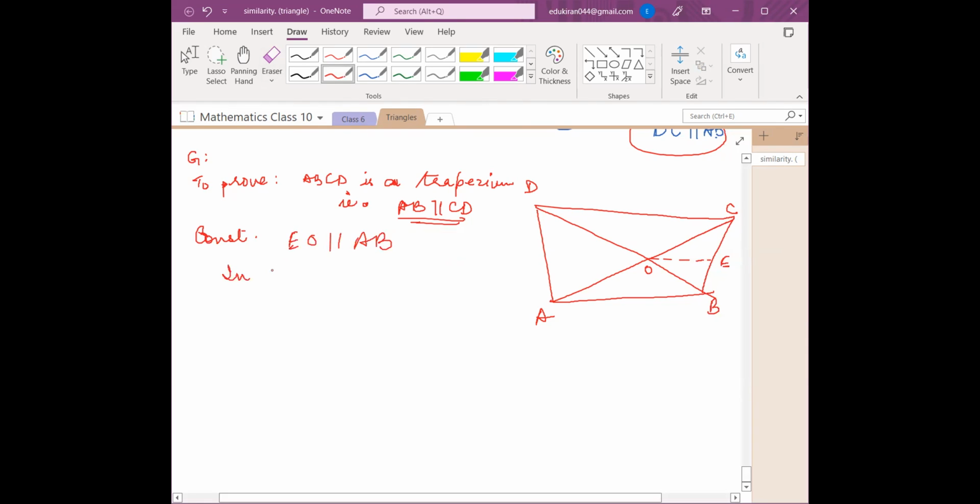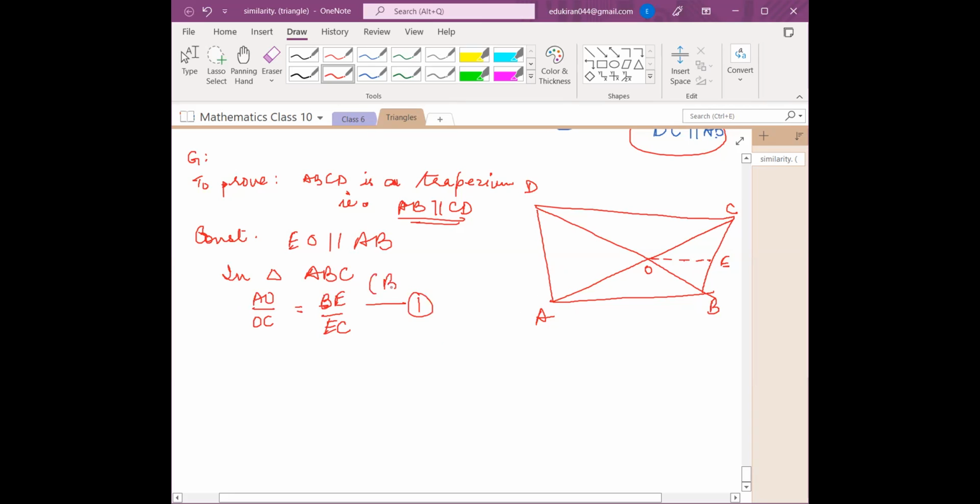So in triangle ABC, any lower triangle you can start with. ABC, because I have drawn my line in triangle ABC. So now I can write AO upon OC is equal to BE upon EC. Is this clear? Now look in the figure carefully. Mark it 1.